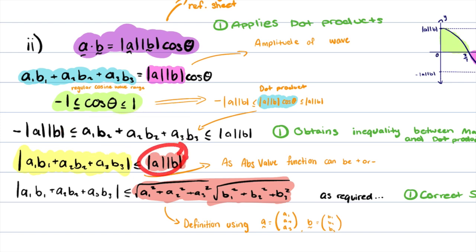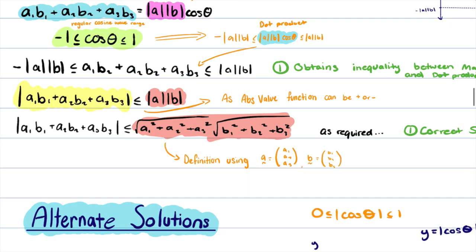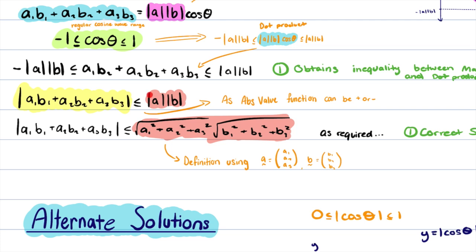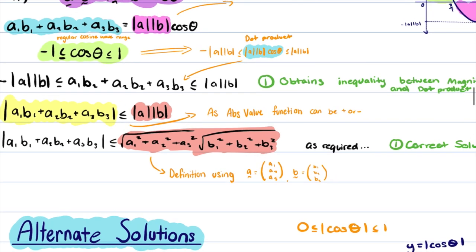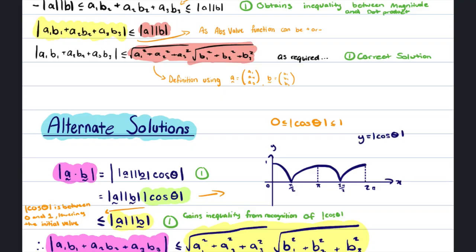This is because our dot product is in between two values of equal distance. Now, finalizing the solution, we know that our magnitudes are also equal to our Pythagorean statements. Rewriting this, we get the above solution, which is what we require. This is where we find our final mark.